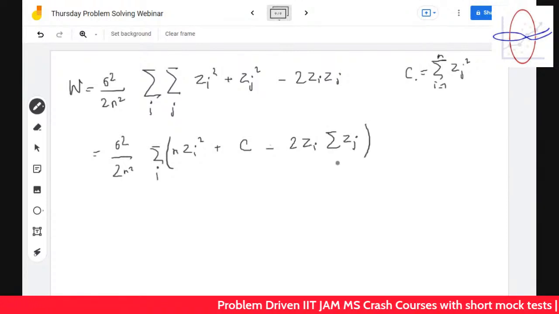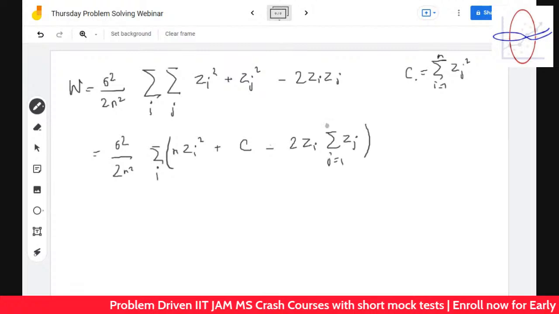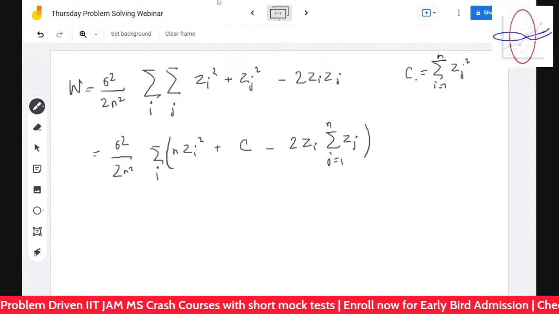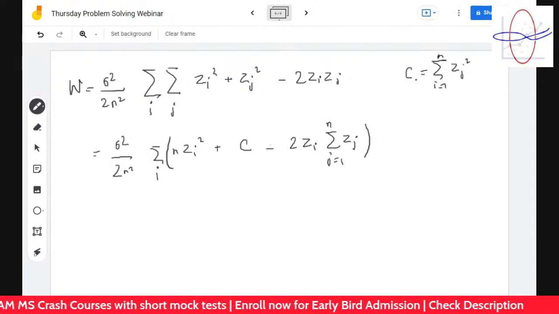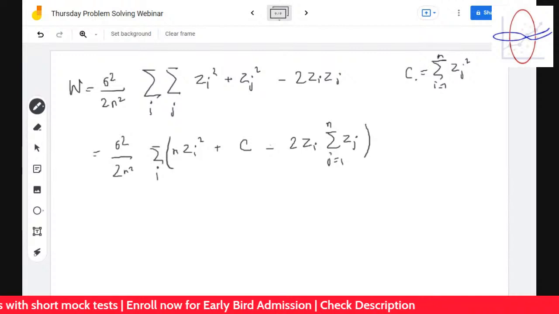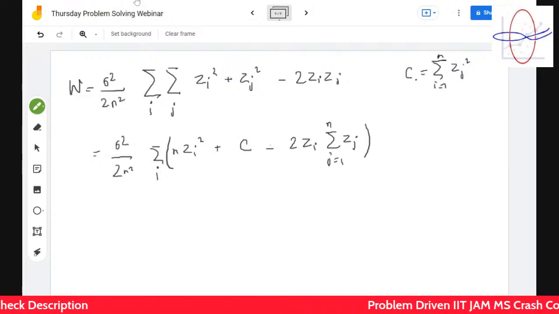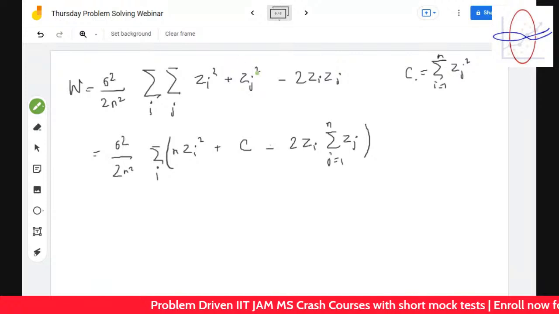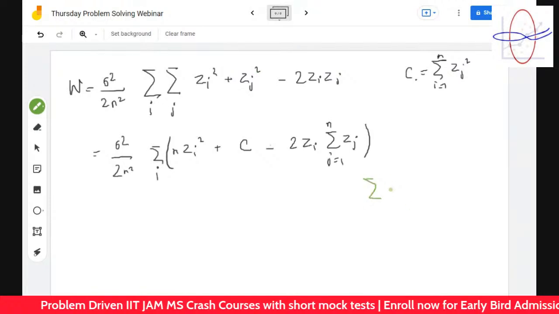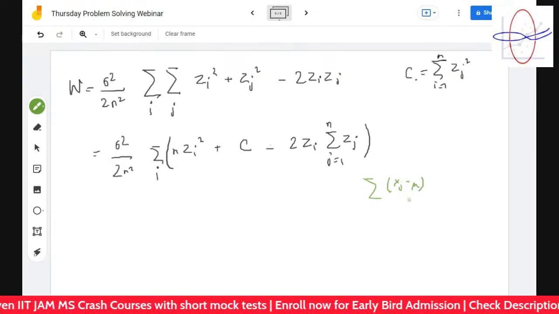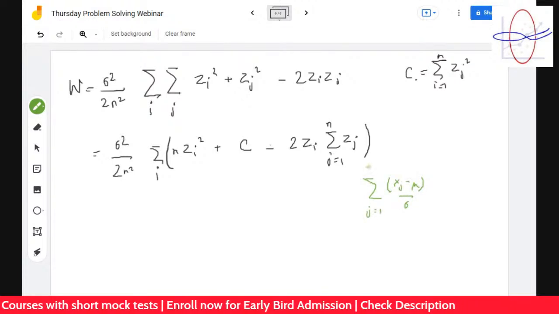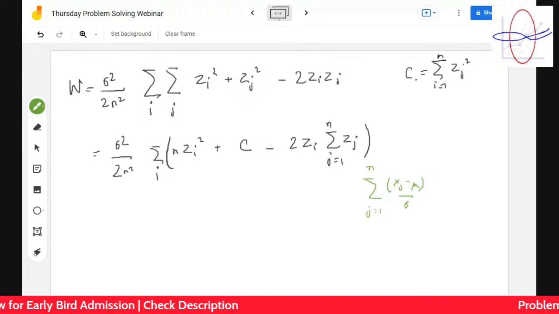Now, can you tell me what is summation over zj? Can someone tell me what is summation over zj? It's very easy. Already people have told this idea. What is zj? Zj is xj minus mu by sigma. What is this summation? Tishika has already told this before.